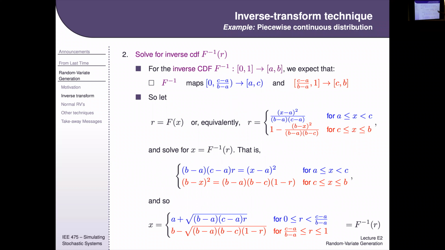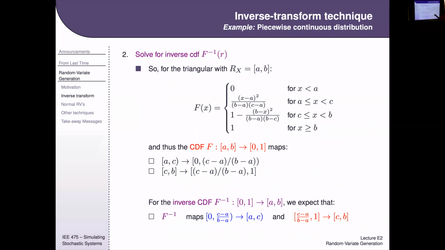So let's see how we do this. I do this in parallel on this slide. The blue ones you can think of as doing it for the top piece in sequence, and the red ones are doing it for the bottom piece in sequence. For the top piece, I'm setting R equal to this part here for x from A to C, and I know that x from A to C corresponds to this R range.